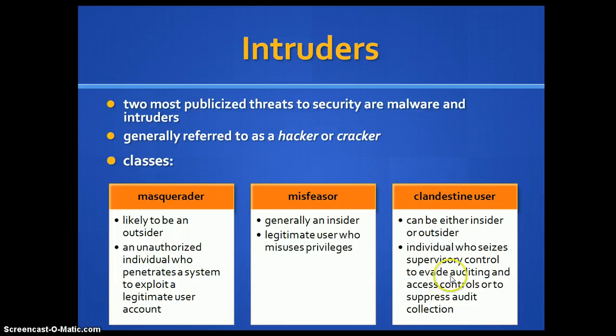If the user is an external attacker from outside, its behavior will be different from the legitimate user. That's why we have a log, an audit record, which monitors the activity over that application. Then the clandestine user, coming from outside, takes the role of the administrator and tries to suppress the audit record collection to prevent any monitoring of its attack.